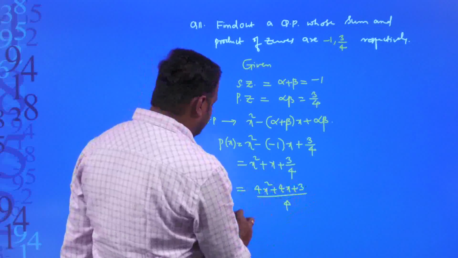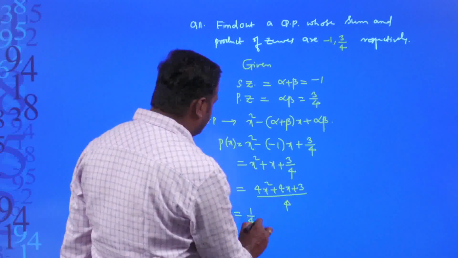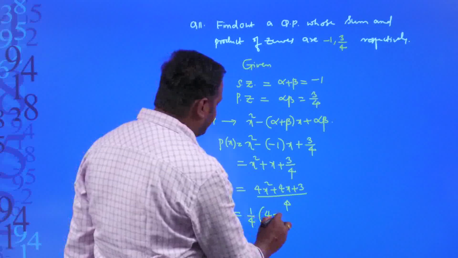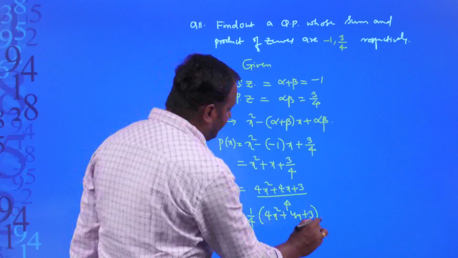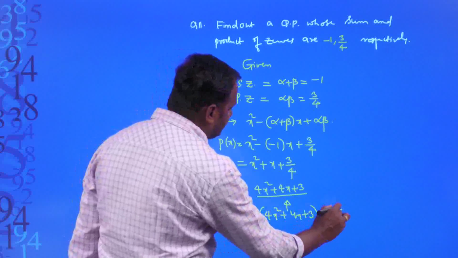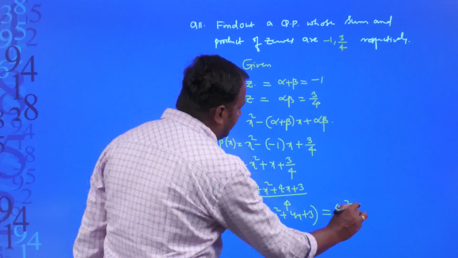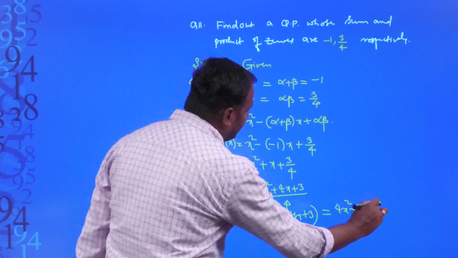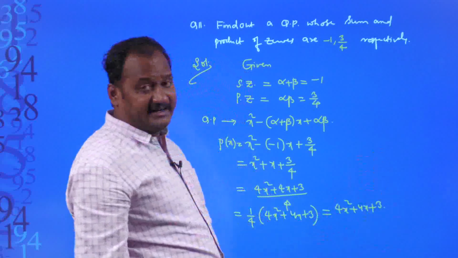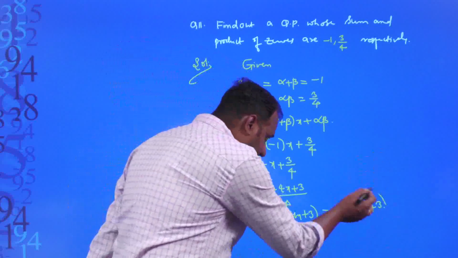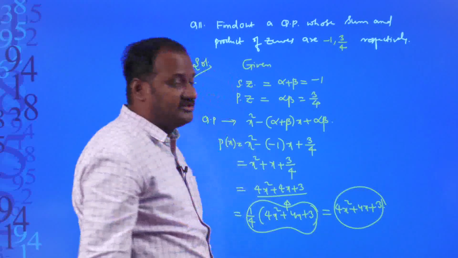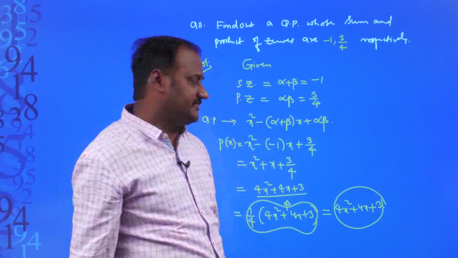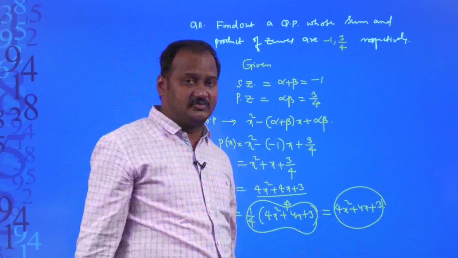So you can write this as 1 divided by 4 times 4x square plus 4x plus 3, or else simply you can write this polynomial as 4x square plus 4x plus 3, as per the zeros, because if you find the zeros of either of these polynomials, then both the zeros must be the same. So that is why you can write any one of these two polynomials.